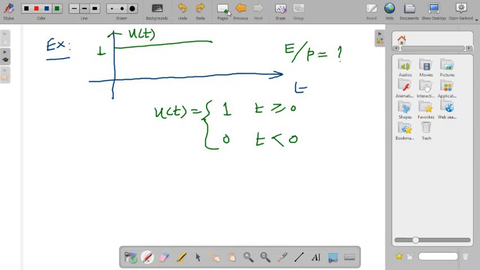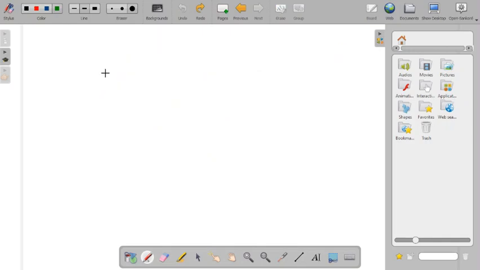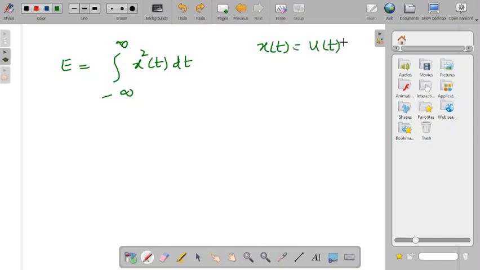So let us move ahead. So energy of signal u of t is calculated this way: minus infinity to infinity x square t dt. Now here x of t is nothing but equal to u of t, and u of t exists only for t greater than or equal to 0. It is equal to 1.